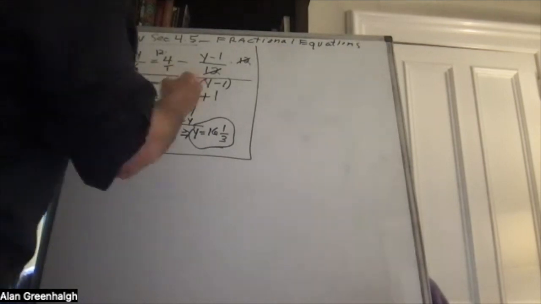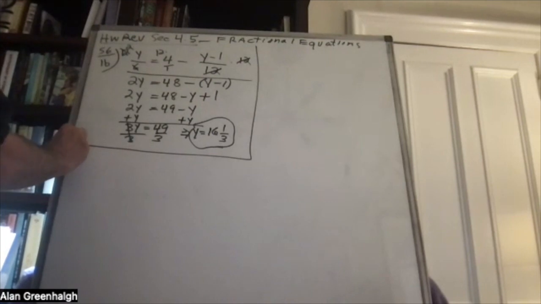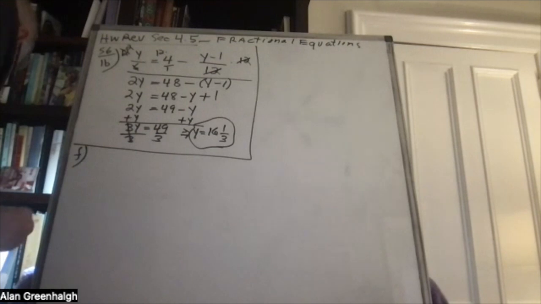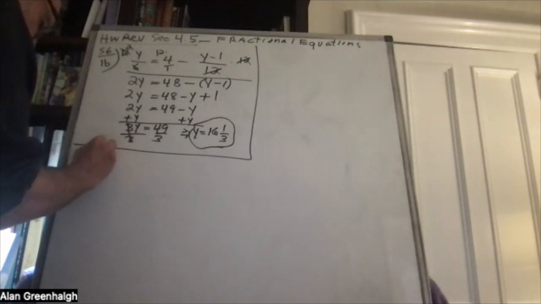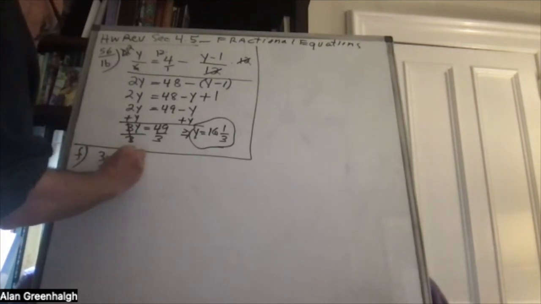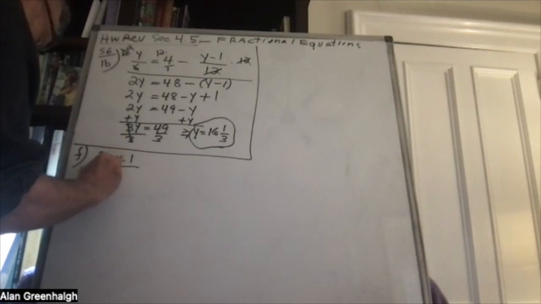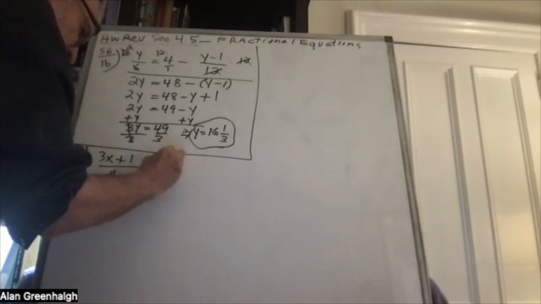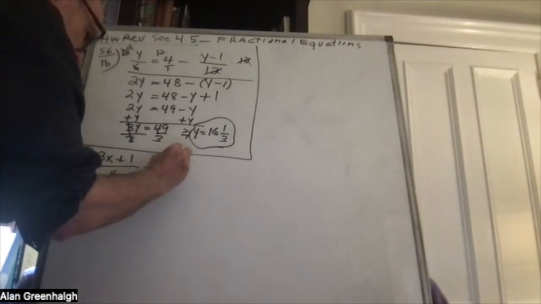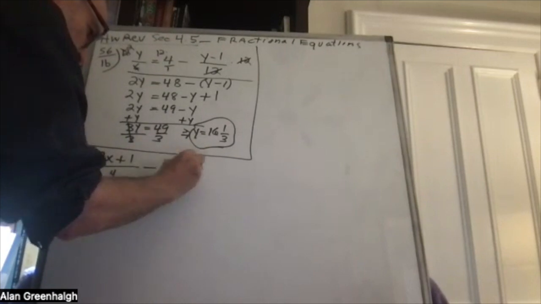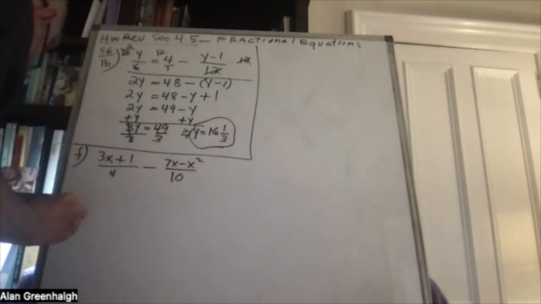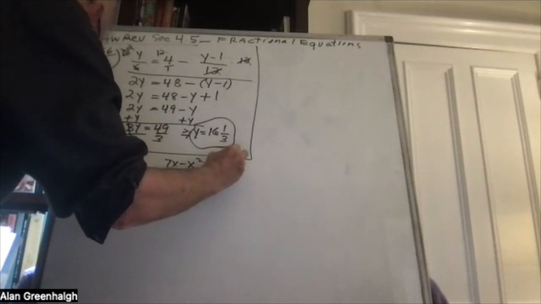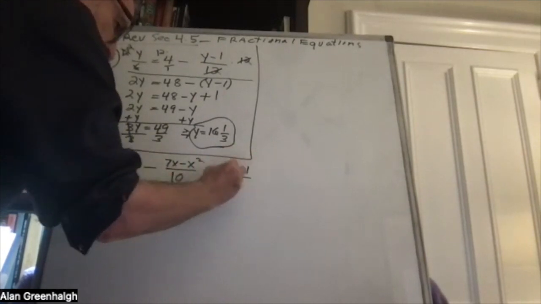Problem F. Let's put F down here because I don't know if we're going to have room. So 3x plus 1 over 4 minus 7x minus x squared over 10 equals x squared minus 1 over 8.